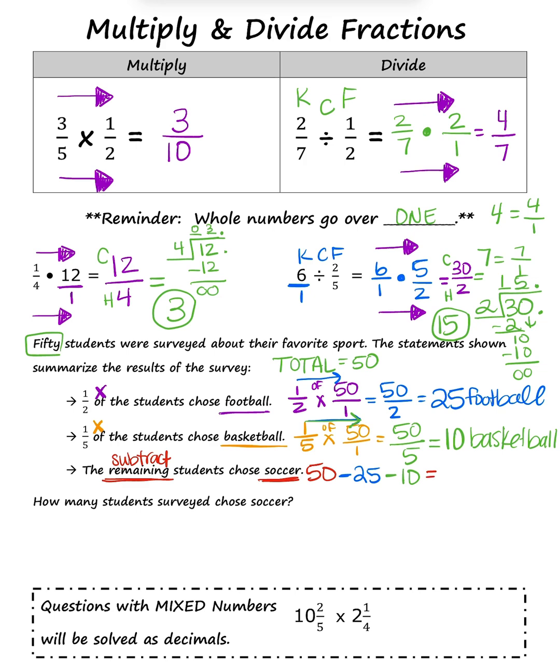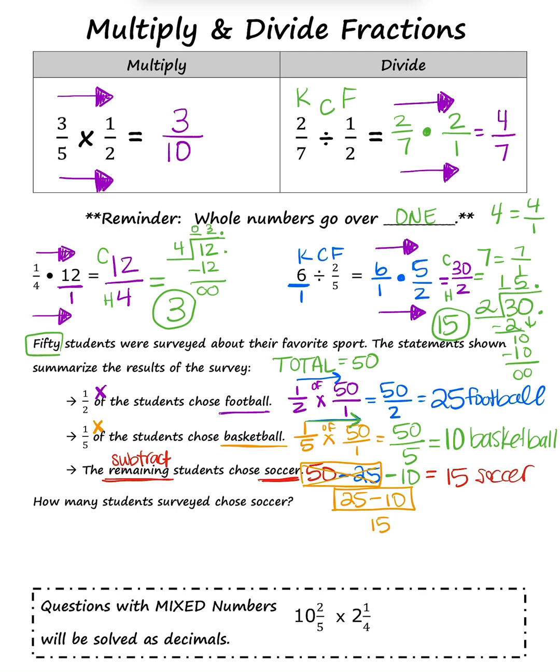So 50 minus 25 is 25. I solved it, and I bring it down. And then 25 minus 10 is 15. So I had a remaining 15 students, and they chose soccer.